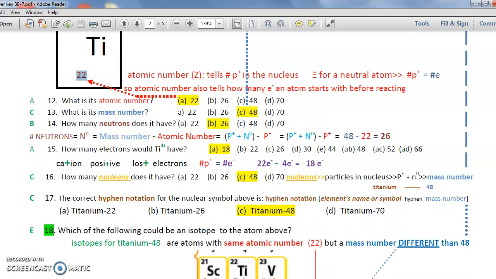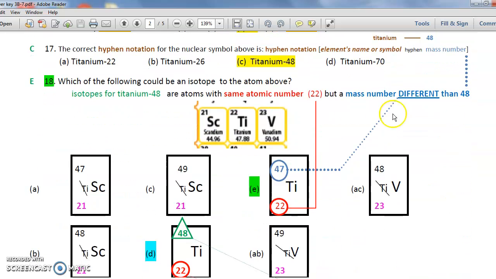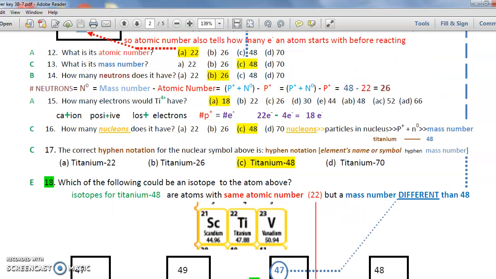All right, next question. Which of the following could be an isotope to titanium-48? Well, the isotopes are atoms of the same element, so they would have the same atomic number 22, but a different mass number, a mass number different than 48. So titanium-49 would be an isotope.